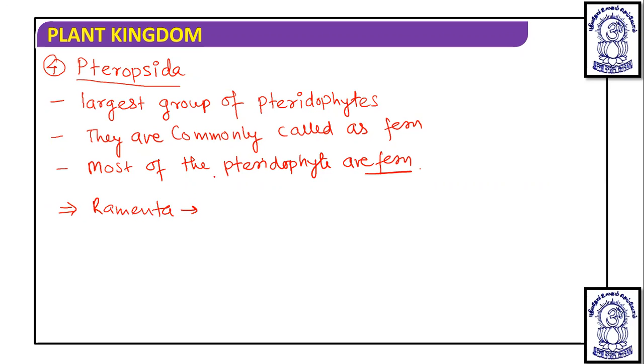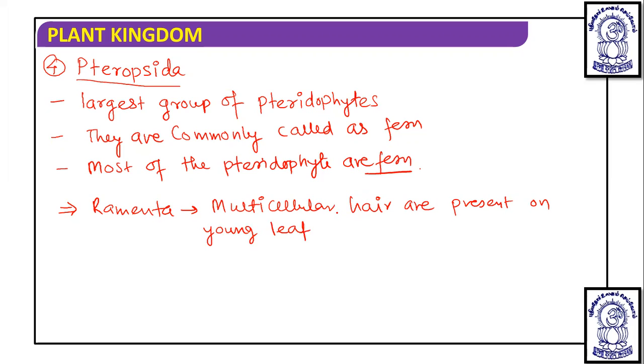Ramenta are nothing but multicellular hairs, present on young leaves and young rhizomes of ferns.